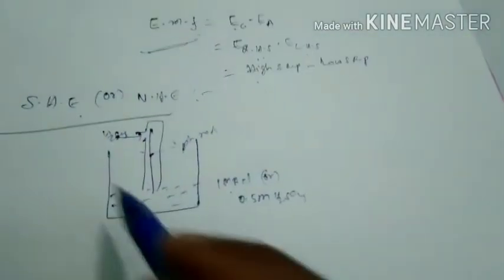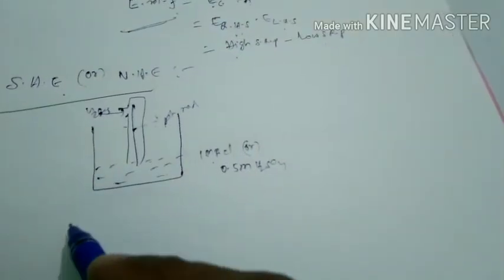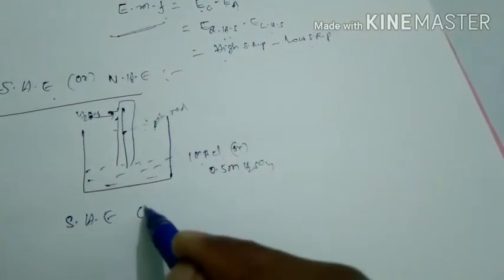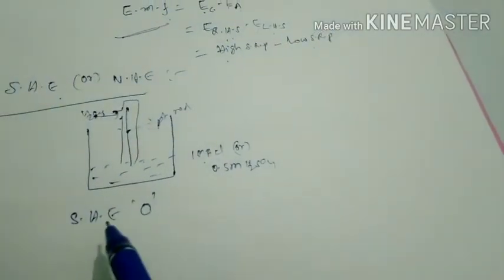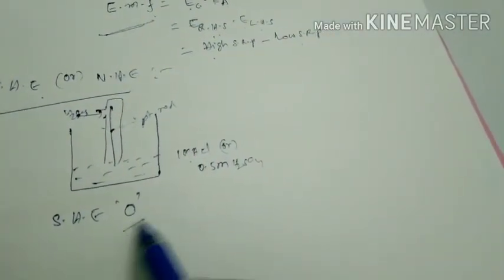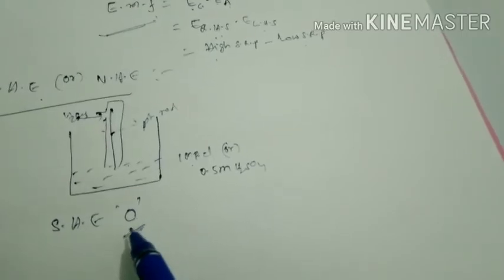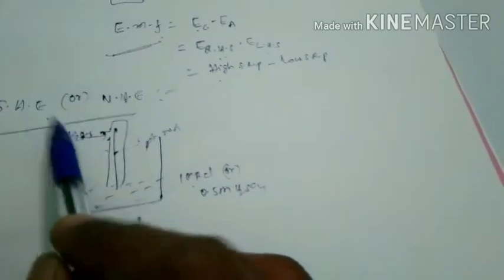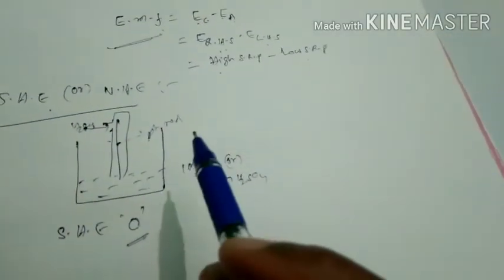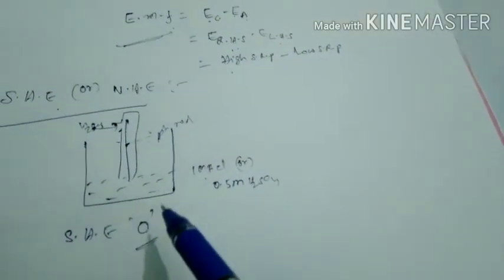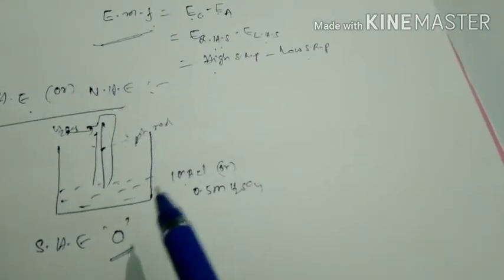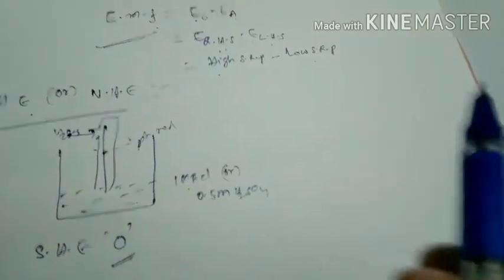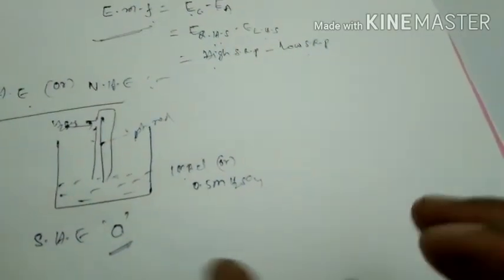And one more point, we assume standard hydrogen electrode potential is always 0. The standard hydrogen electrode potential is always, we assume, how much? 0. So by using SHE we can calculate SRP of any unknown electrode by constructing a galvanic cell.